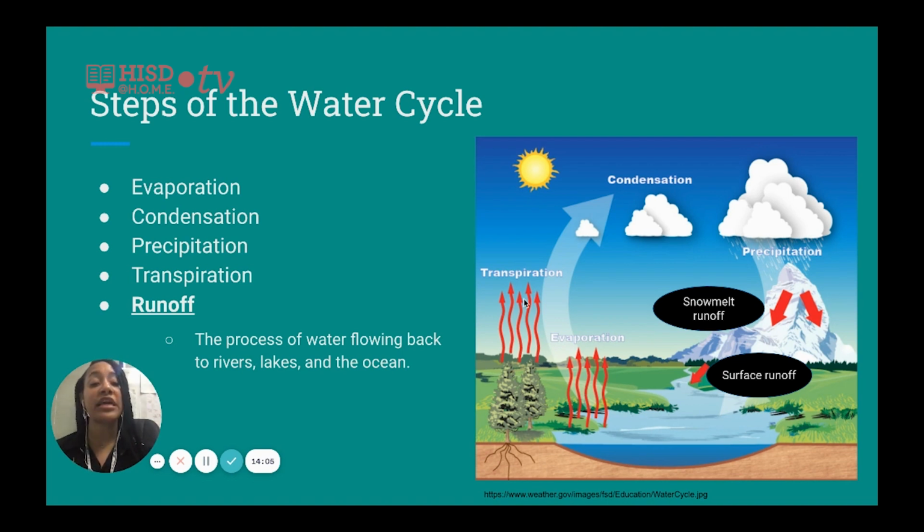Now, once we are finished with the transpiration and evaporation stage, we then proceed to the condensation stage. The condensation stage occurs in the atmosphere. During this stage, water, or that gas, is turned back into a liquid. And then after we have our water in the atmosphere, we have to bring it back down to earth. The way we bring it back down to earth is through precipitation.